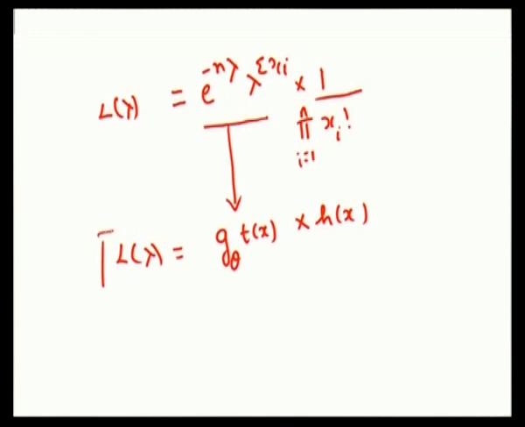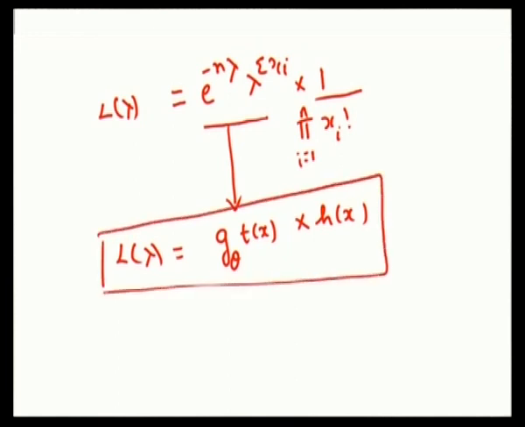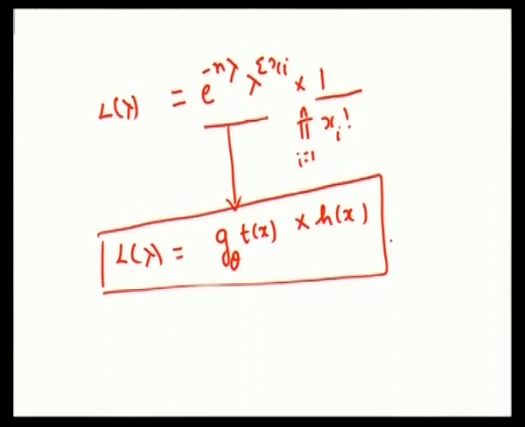Therefore, I am able to split according to the Neyman factorization theorem. If I am able to apply the Neyman factorization theorem, then I can find the sufficient statistic. Therefore, you find that summation xi is the sufficient statistic in the case of the Poisson distribution.